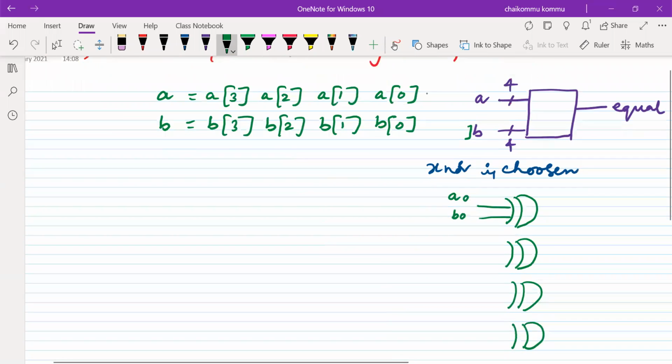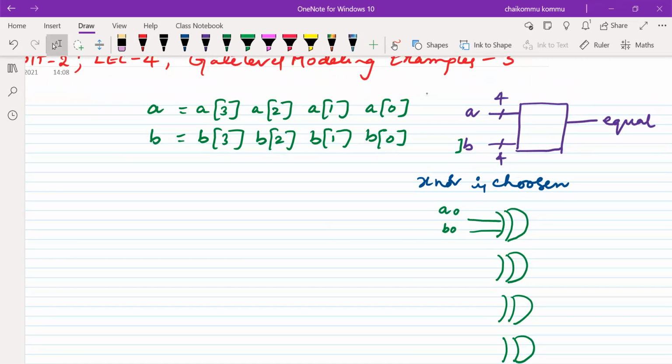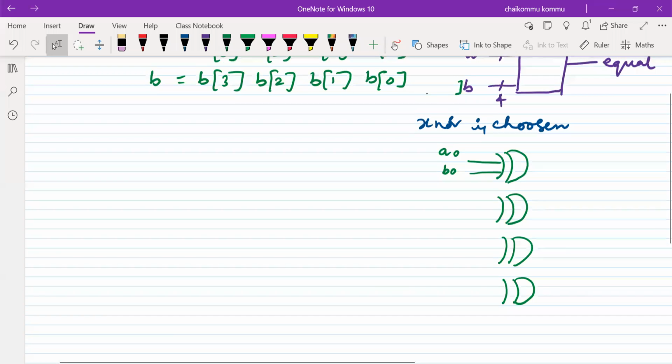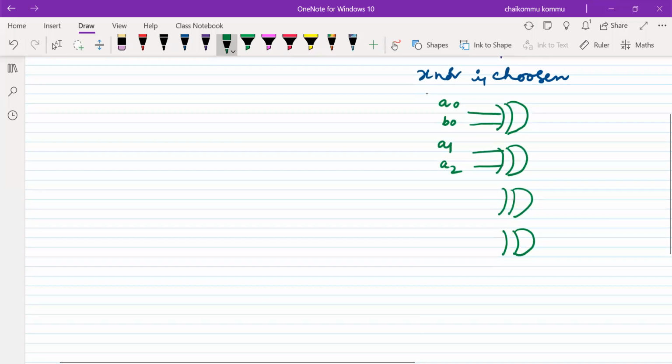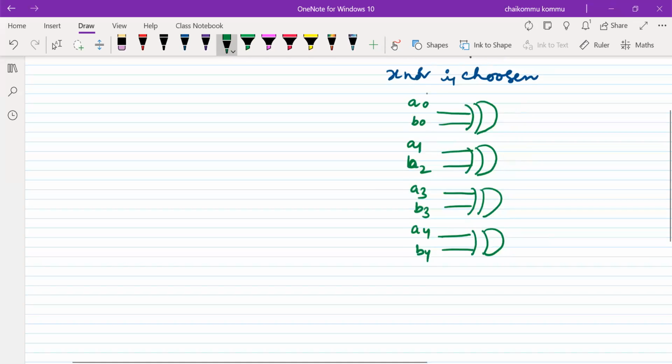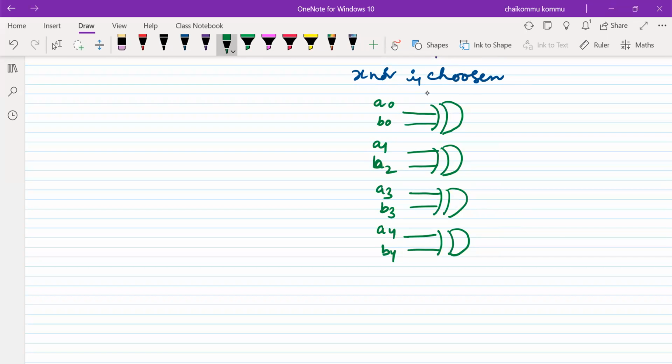But I'm not going to write A of 0, A of 1 like this in this diagram. I'm using the conventional method: A1, B1, A2, B2, A3, B3, A4, B4. If A naught and B naught are equal, for example, the function output will be 1.